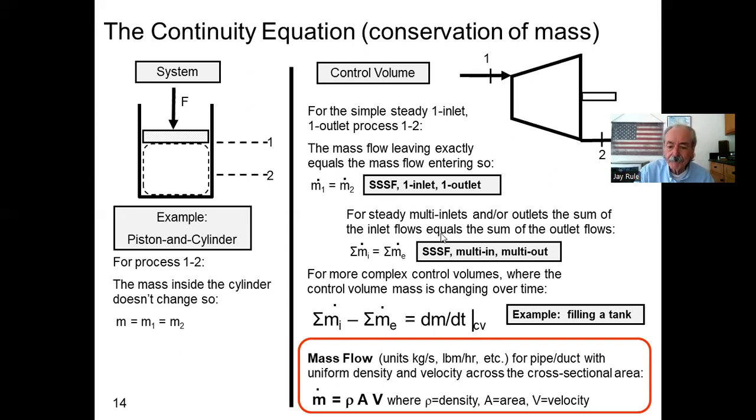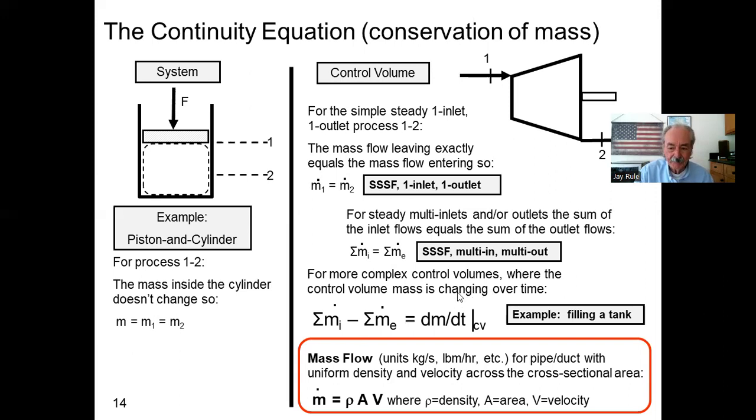What if you have a problem that's multiple inlets and multiple outlets? You've had a few of those in the semester. Well, continuity equation, conservation of mass, the sum of the mass flow rates in equals the sum of the mass flow rates out. Now, let's say you get a really tricky problem on the exam, I don't expect it, where things are changing in time.